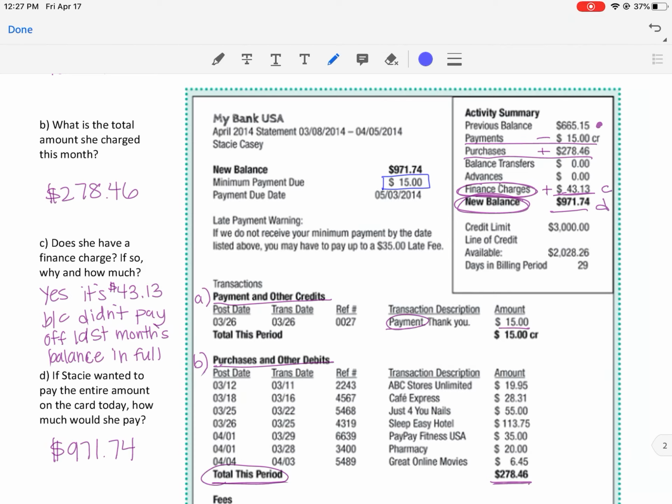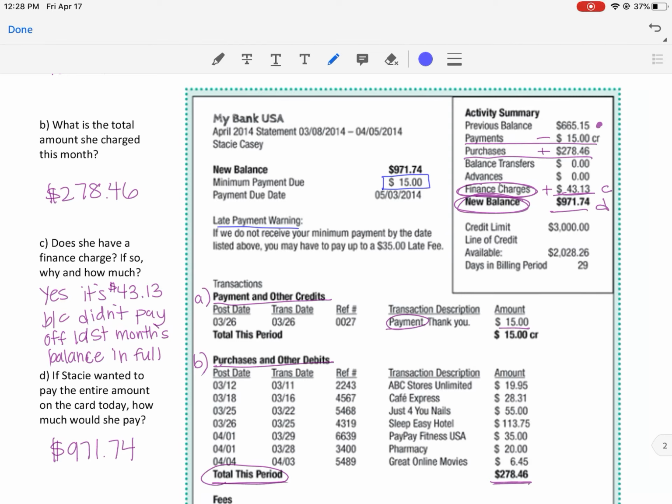Also, if you don't make that minimum payment of $15, look at the late payment warning: they're going to charge you a late fee of $35. Often your minimum payment has to do with how much you have charged, and that's probably why in this case the late fee is more than your minimum payment.